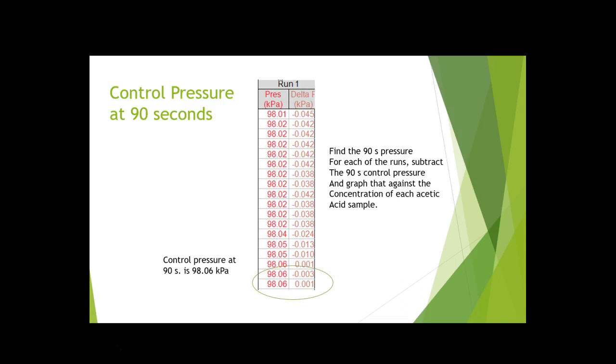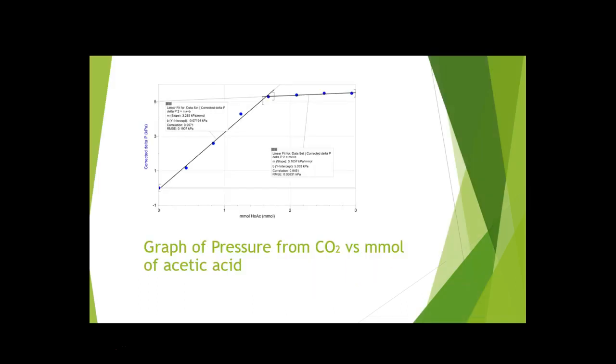Since we have constant volume and constant temperature, we're actually getting a good measure of the number of moles of carbon dioxide gas that's produced. Here's a graph of that added pressure from the carbon dioxide versus the millimoles of acetic acid that were added to it.